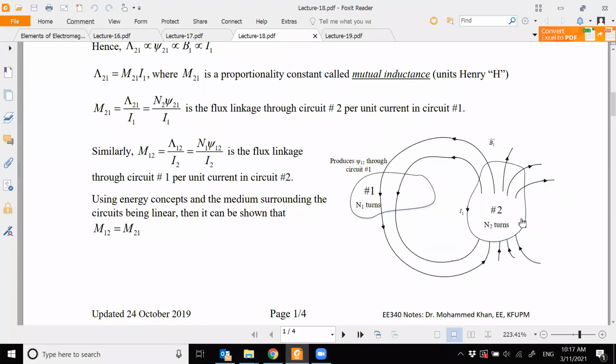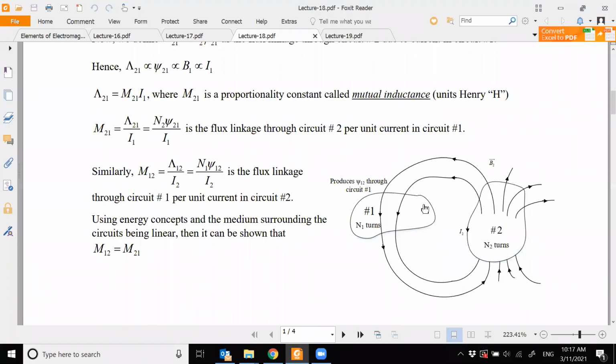The other way around is also possible. That means, suppose I pass current in loop 2 and see what is the flux linkage in loop 1, I will get the same phenomena. I will get the flux here, which is now termed psi 12. And if there are N1 turns, then I will get the flux linkage, and from there I can get the mutual inductance.